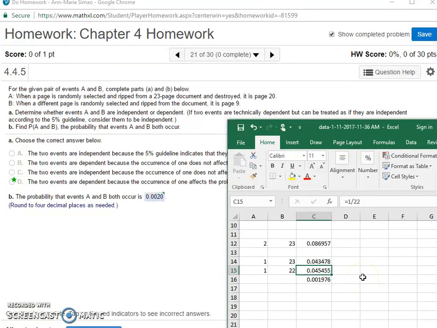In order to figure out the probability that they both occur, I need to multiply them together. If I multiply 0.043478 times 0.045455, I am going to get 0.001976, rounded to 4 decimal places this time. So 1, 2, 3, 4. I'm at that 9. I look to the right, it's a 7. That 19 is going to become 20, 0.0020.